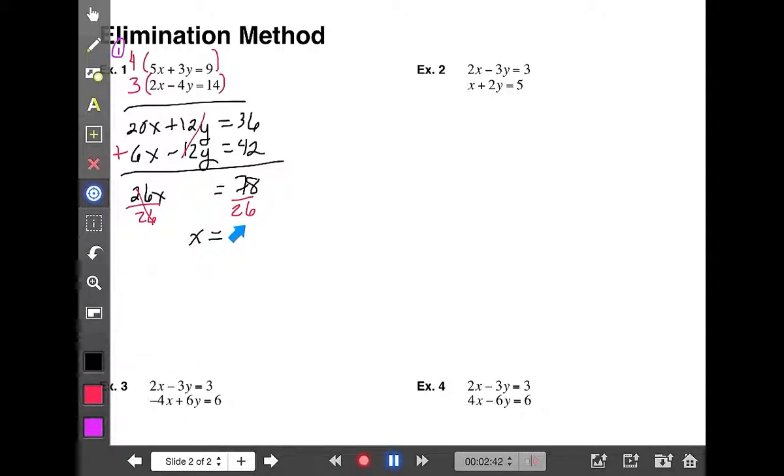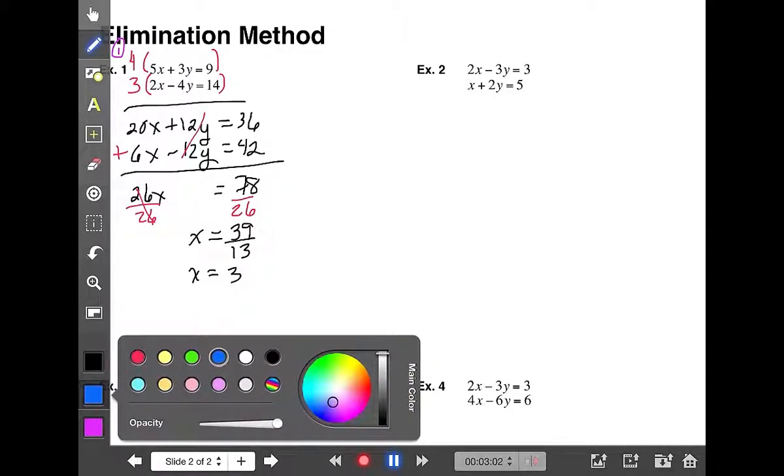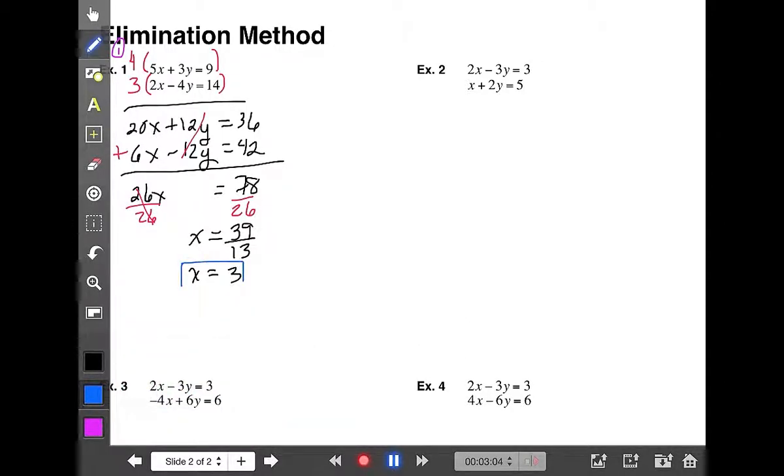So 2 goes in there 13 times. So I don't know if 13 goes into 78, but I do know that 2 does. So what's half of 78? 39. And half of 26 is 13. And doesn't 13 go into 39 how many times? 3 times. So I know that one of my answers, x is equal to 3.